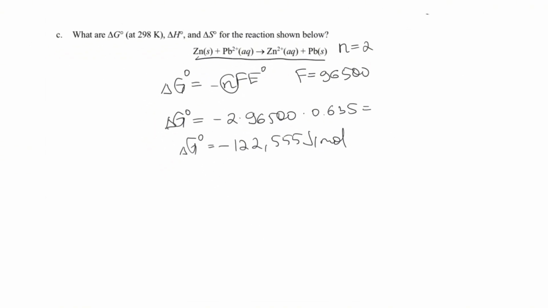So our delta G at 298 kelvins is equal to this number, which is the same as negative 122 kilojoules per mole. Now we need to find our delta H and delta S, and we are going to find those numbers from the slope and the intercept.